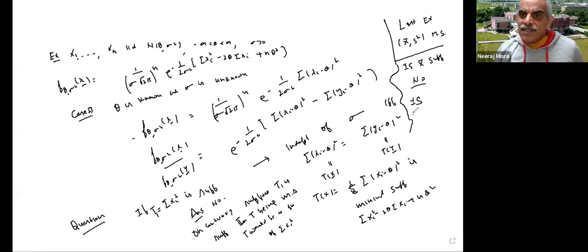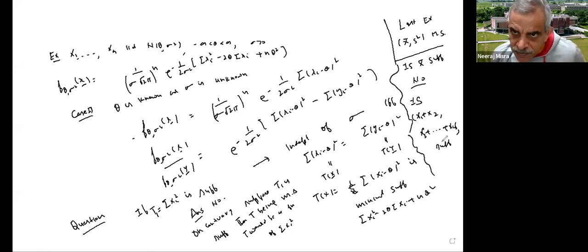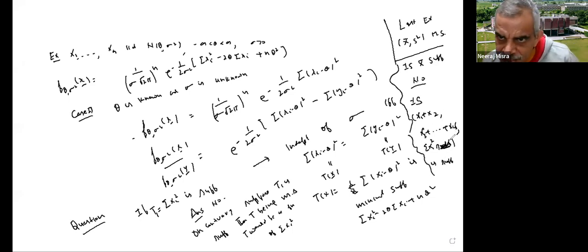Is X1 plus X2, and let us say X3 to Xn, comma, summation Xi square, sufficient?